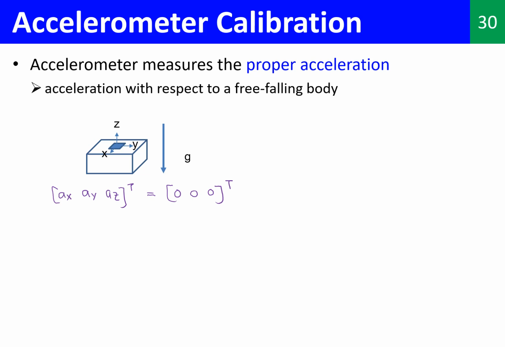How about if we fix it on a stationary table? You will get a plus G on the Z axis.